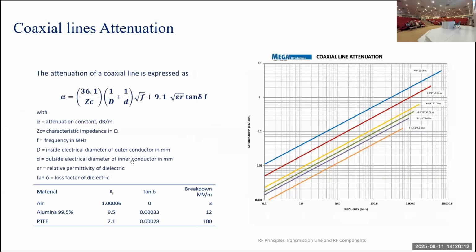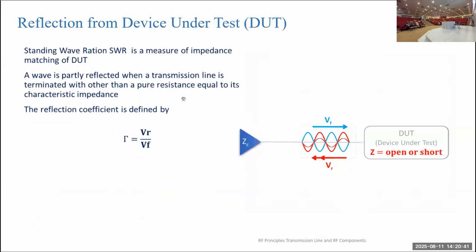And if there is a dielectric between these two conductors, where one is defined by the inner diameter, the smaller conductor by small d, and the other by the outer diameter, the larger conductor by large D, then here is the parameter which defines its presence.